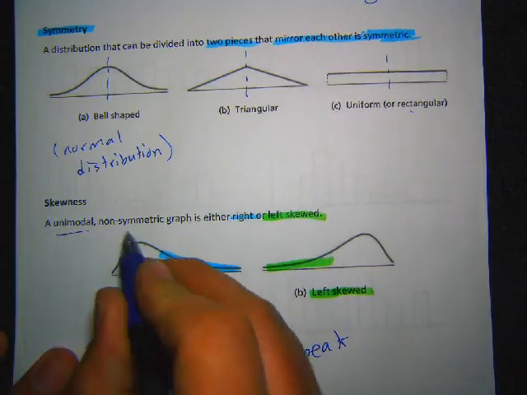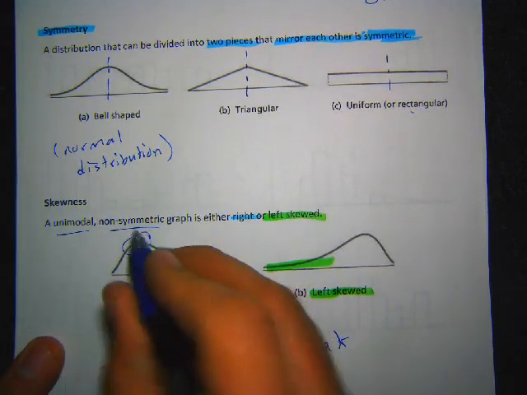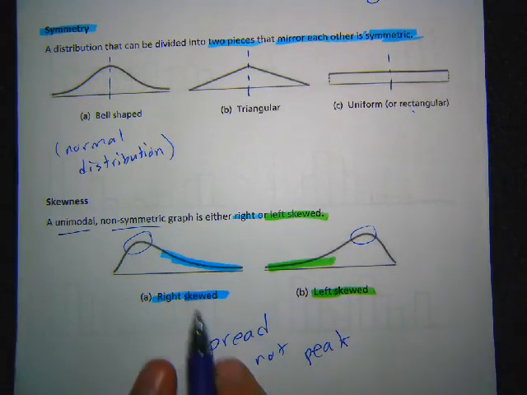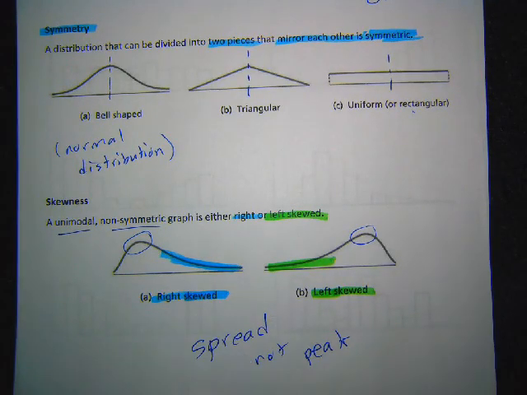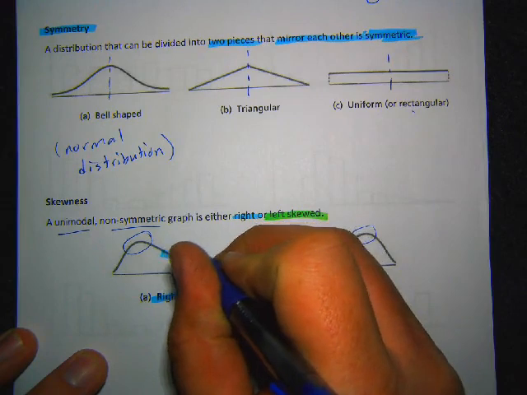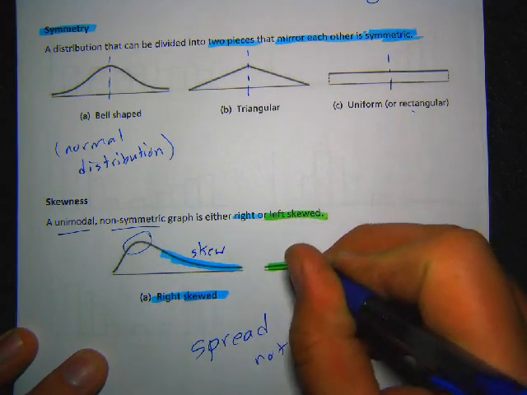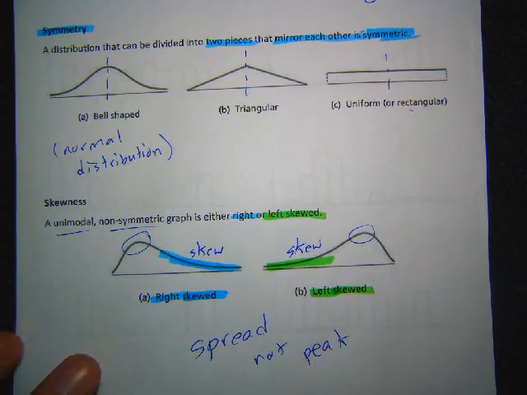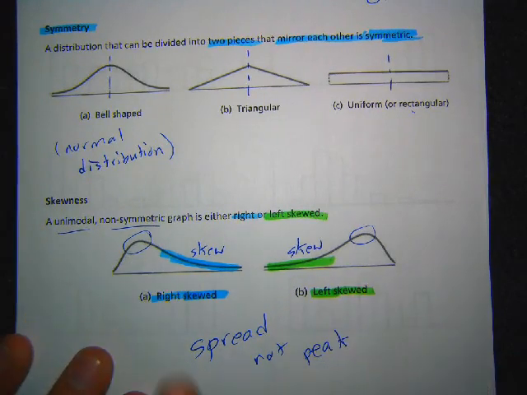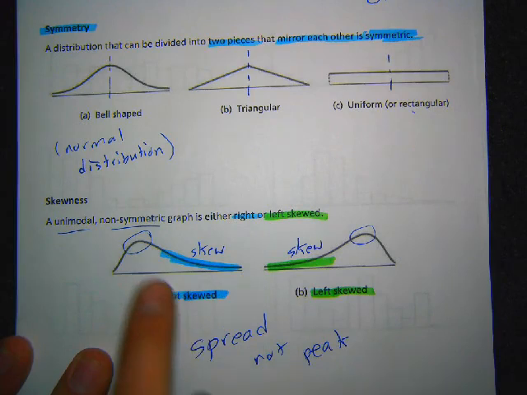So if it's unimodal and not symmetric, it only has one peak, you look at the spread to find the skewness. So this is the hue. This is the skew. Okay, so again, a statistician looks at this picture, and right off the bat, they see, oh, it's skewed on the right side, and there's a peak over here.